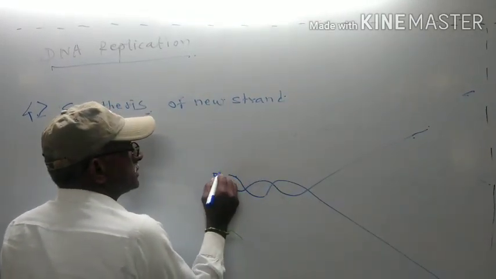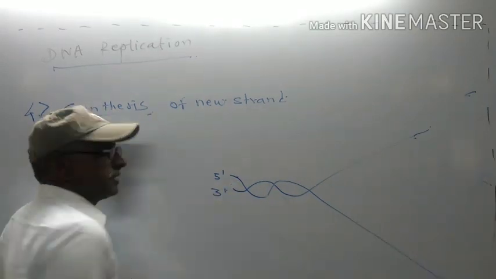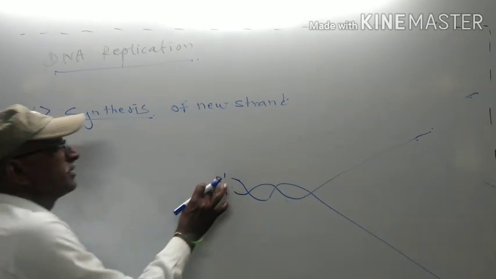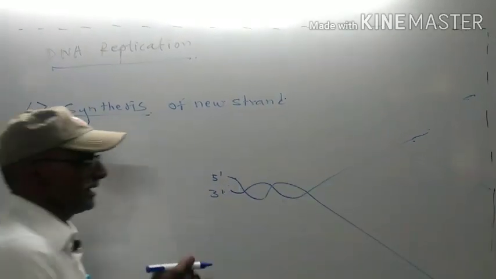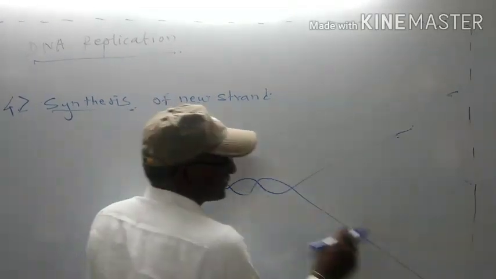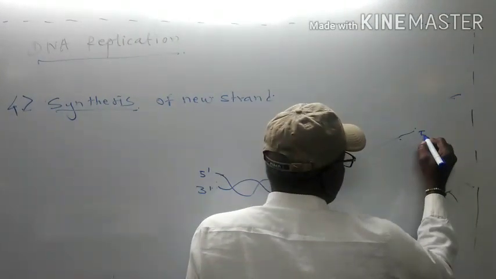Suppose this is 5 prime, and this is 3 prime, and this is 5 prime.